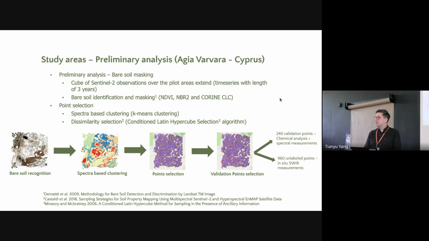Then this dataset was split in a 20 to 80 ratio. 20% of them were also physically sampled and sent back to our laboratory in Greece and analyzed. And all the other locations were just measured for spectral data.